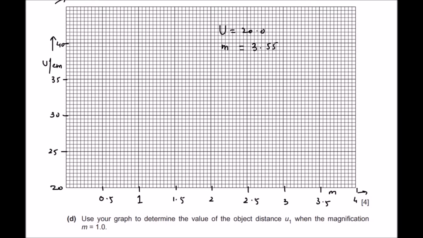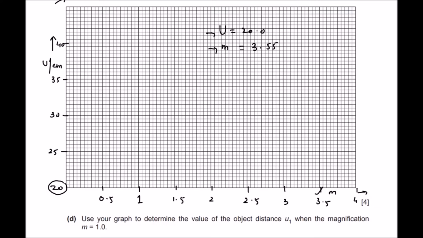Now plot this graph. The first reading was u 20 and m was 3.55 from the observation column. Look at this, this is the 20 and 3.55 on the horizontal axis. M you can read from here. So look at this, this is 3.5.